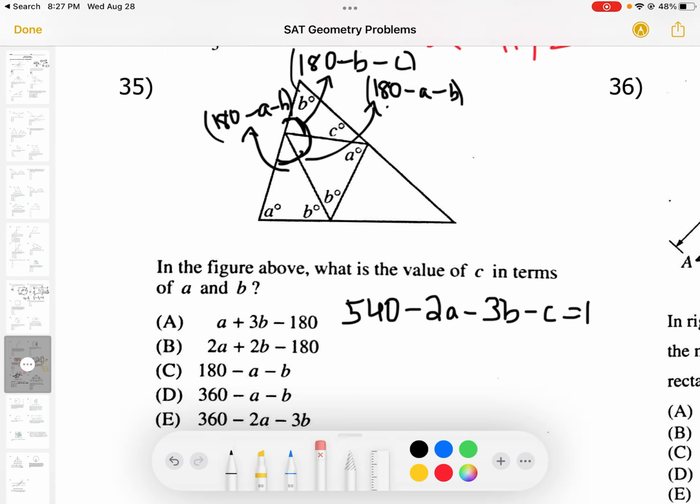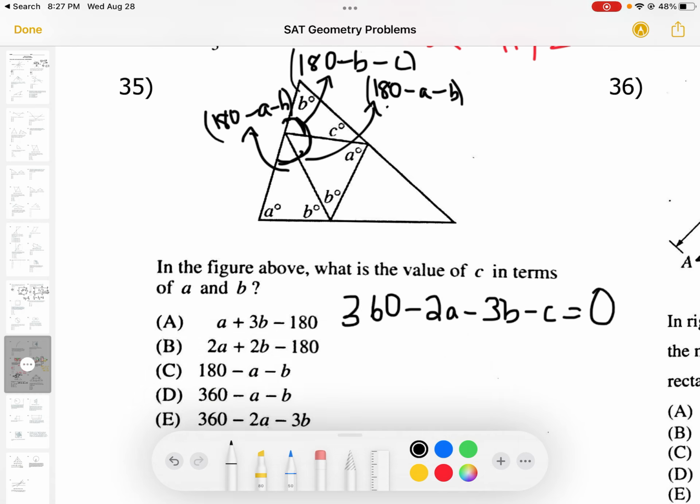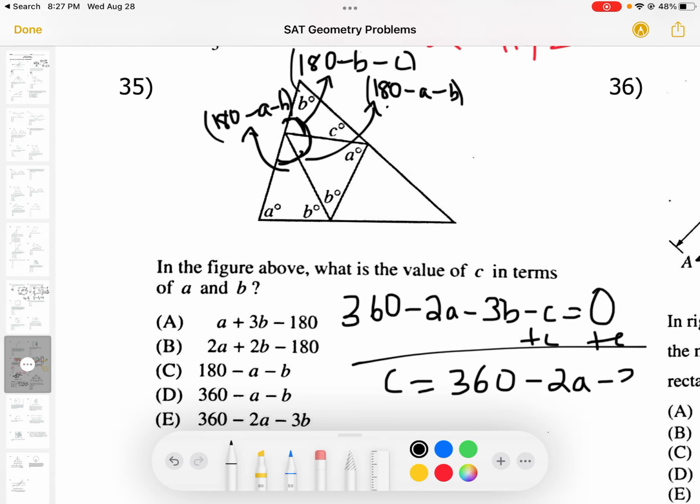We can subtract 180 from both sides, so this side becomes 0. We can change the 540 to a 360. And we can just solve for C by adding C to both sides. So we'll get C is equal to 360 minus 2A minus 3B.